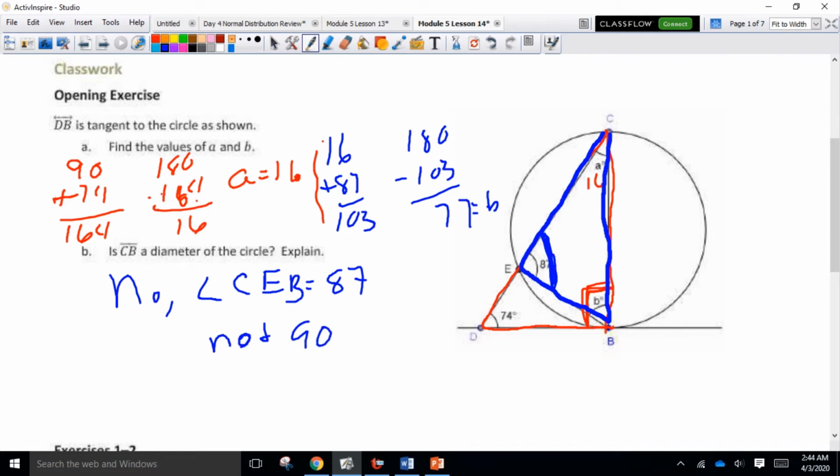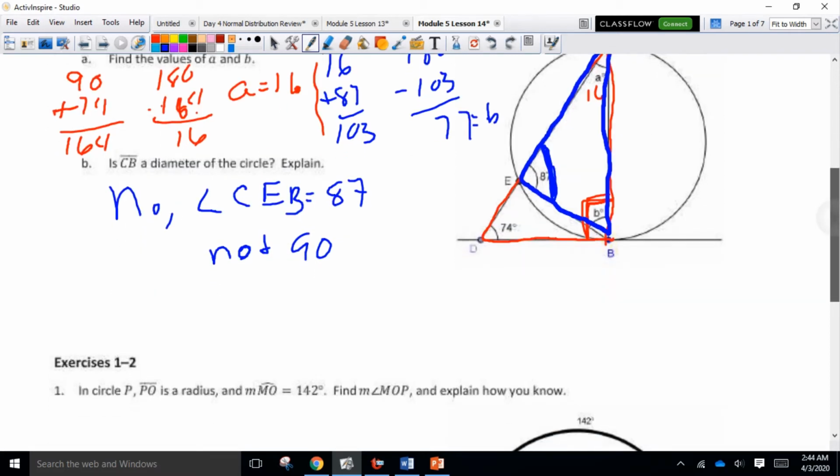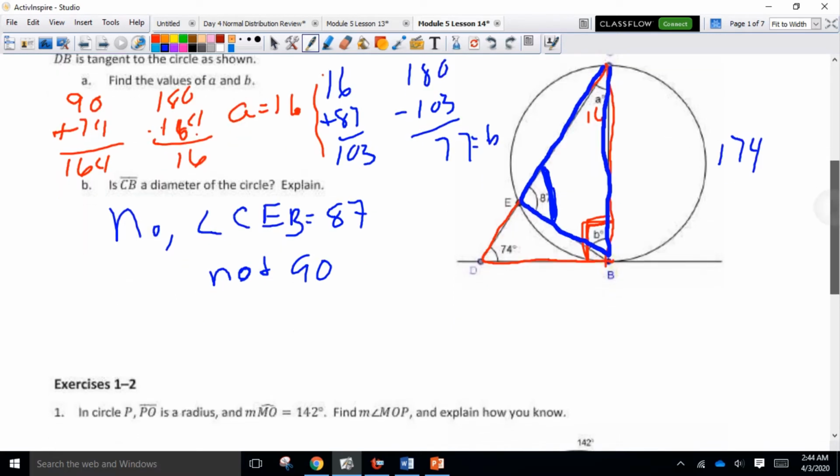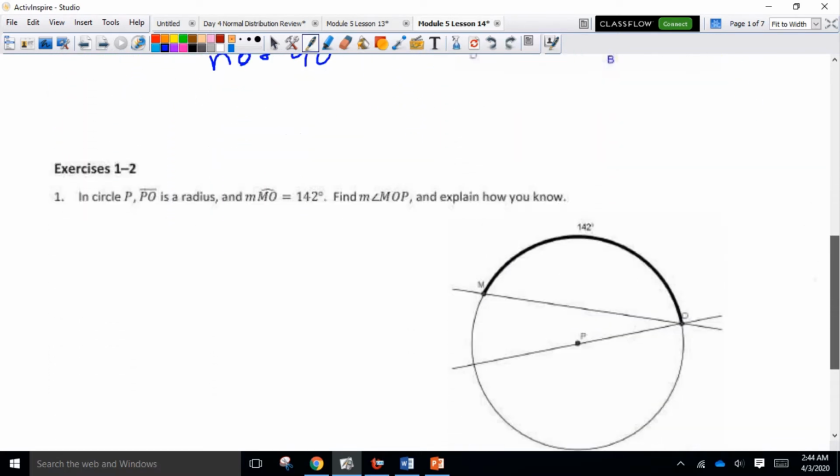If it was 90, then it'd be a diameter, but it's not. Or you could double this and get, was it 87? So that's 87 times 2, which is 174, right? So that makes this 174, and that'd have to be 180 in order for it to be a diameter. All right.